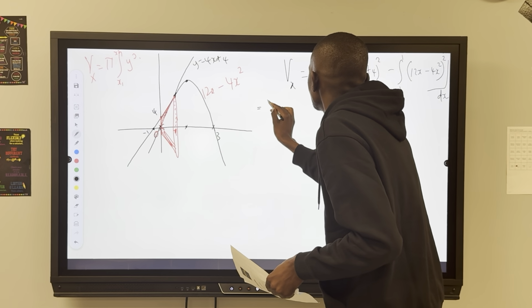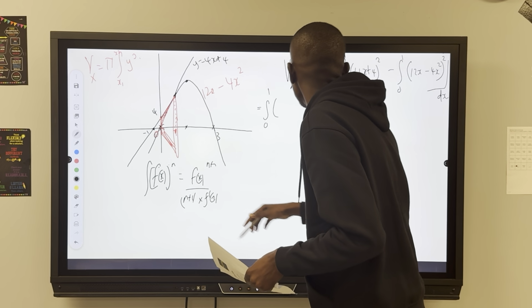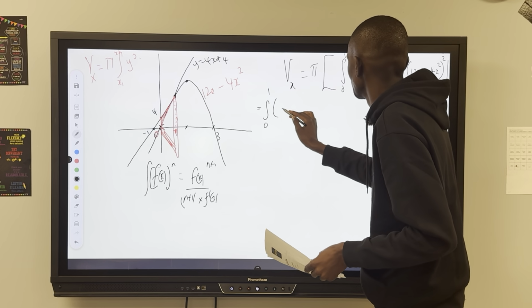You can use the rule that the integral of f of x to the n is f of x to the n plus 1 over n plus 1 times the derivative. It's still okay, but allow me just to do it this way.